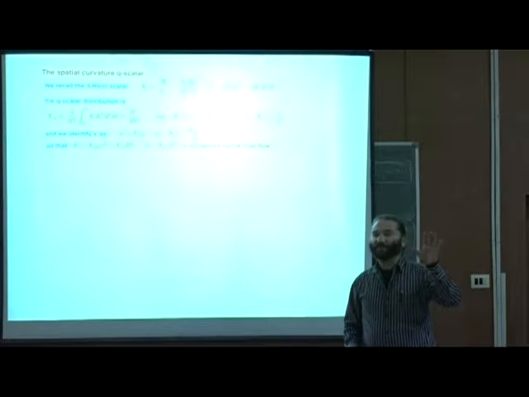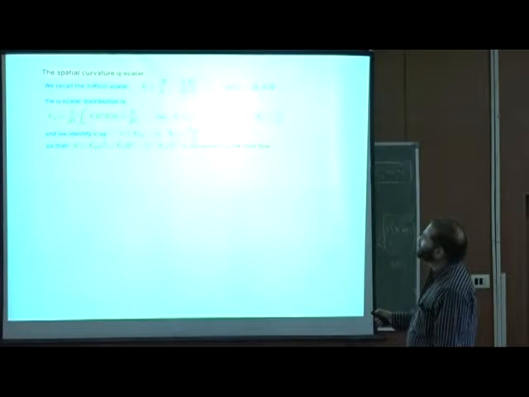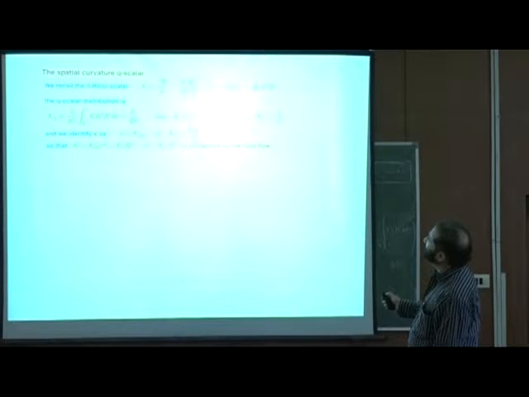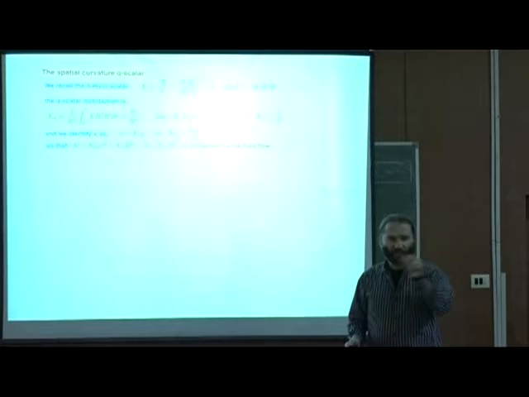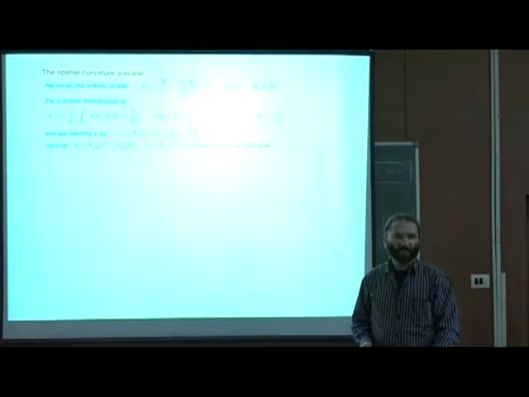You would never be able to do this with a proper volume, right? Because with the proper volume, this integral would have to be divided by 1 minus k. Here it is trivial because of the definition. If you have doubt, you should do the intermediate steps by yourself, but this is fairly simple to do, okay?